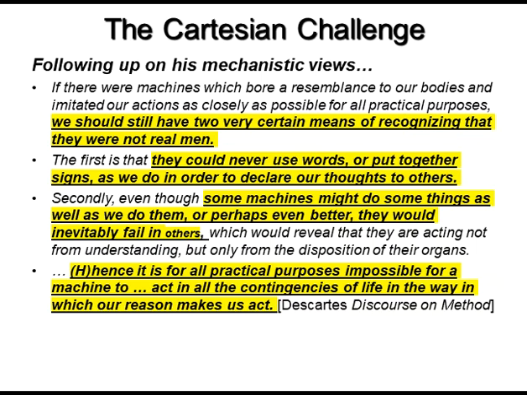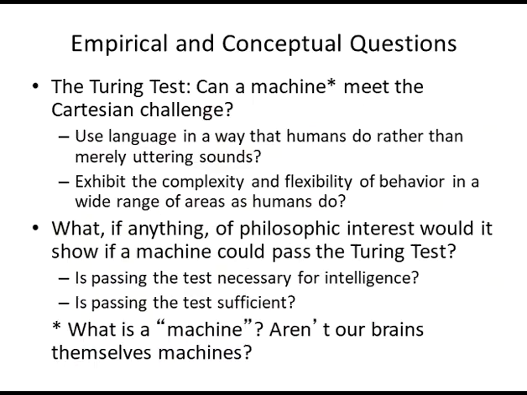Some machines might do some things as well as we do, but they would ultimately fail in some manner, that they would get glitched up. So for all practical purposes, it is impossible for a machine to act in all contingencies of life the way in which our reason makes us act. So basically it's sort of an argument against this idea of the thinking machine.